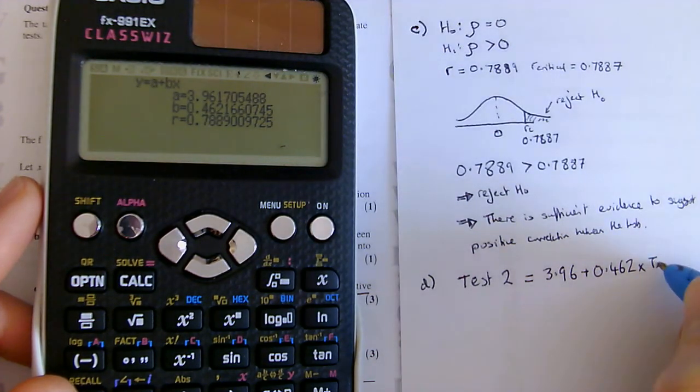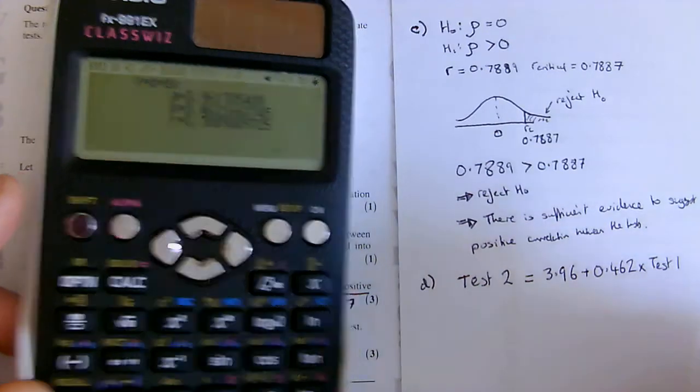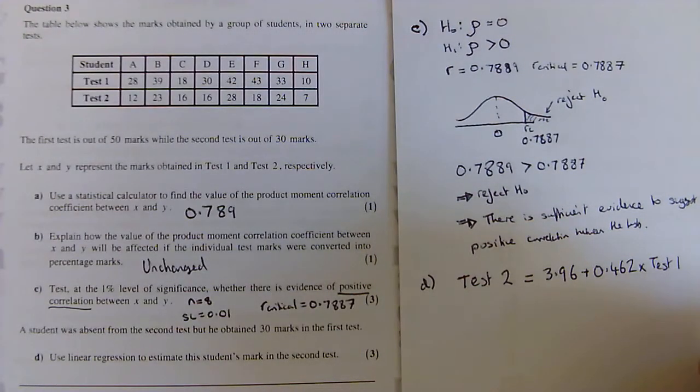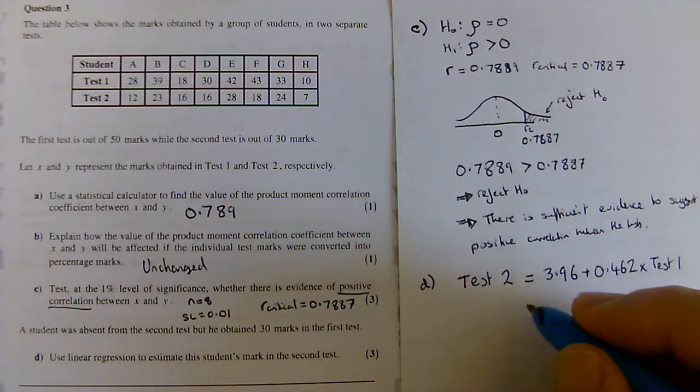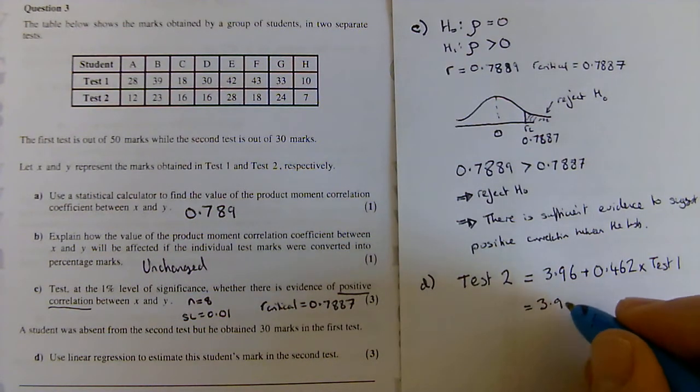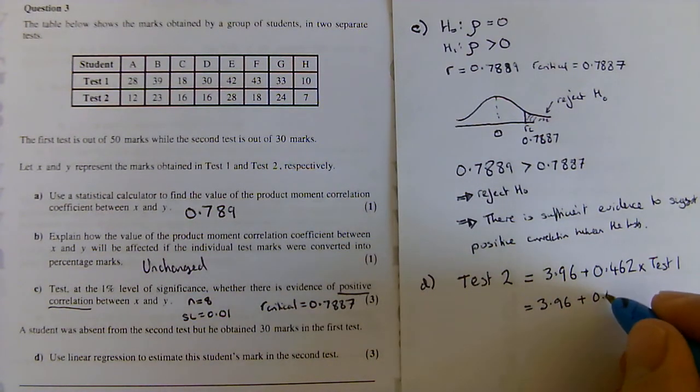times test 1. Okay. Student was absent from the second test, but he obtained 30 marks in the first test, so we can just substitute in his 30 marks in the first test to say equals 3.96 plus 0.462 times 30.